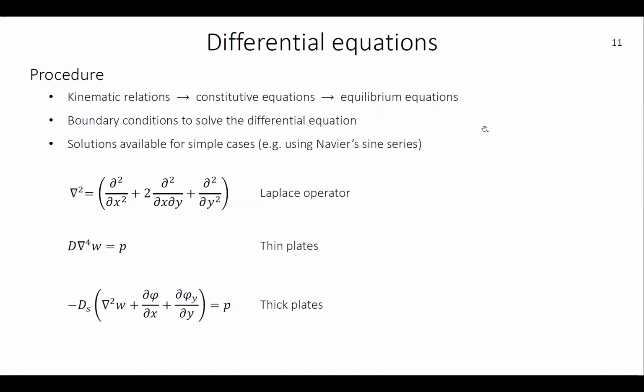Obviously, you need to have boundary conditions to solve the differential equation. And I would say that only for very simple cases you have either closed form solutions or series expansion for finding a solution. Maybe you have done that in some of the previous courses.